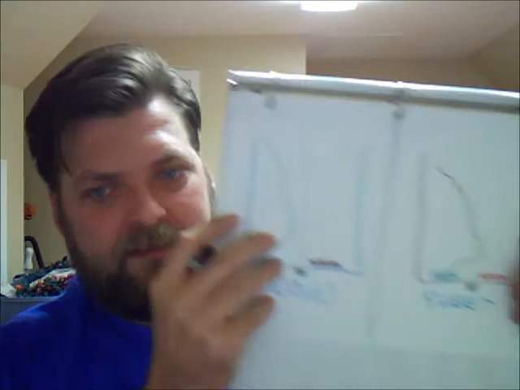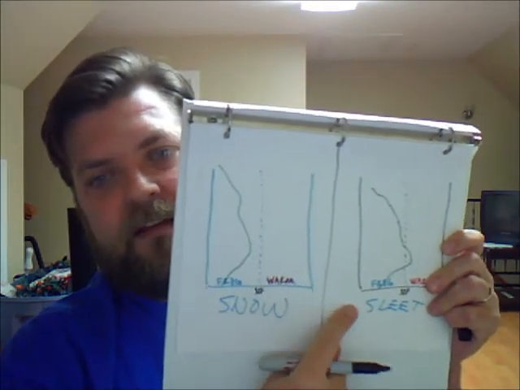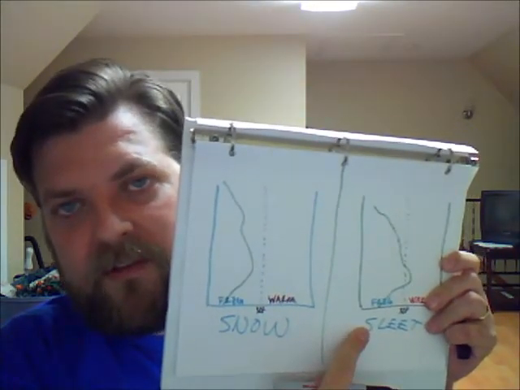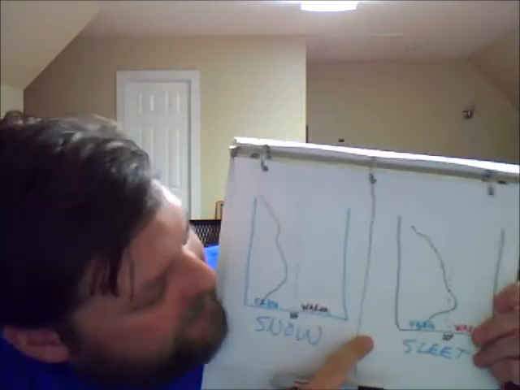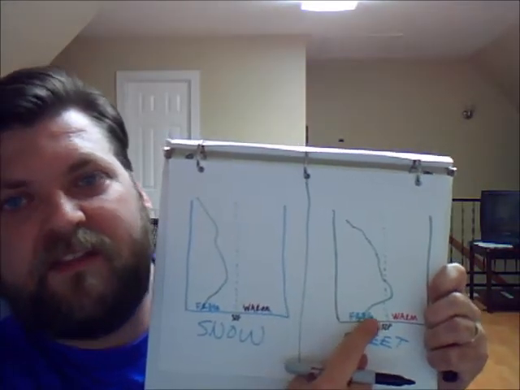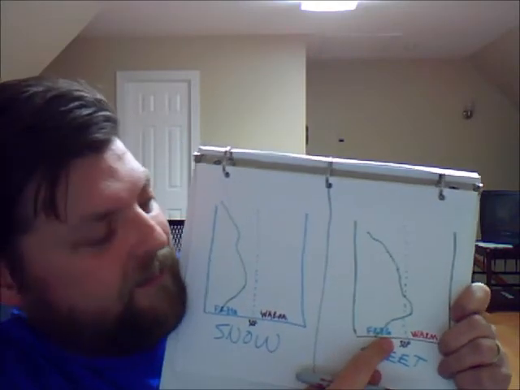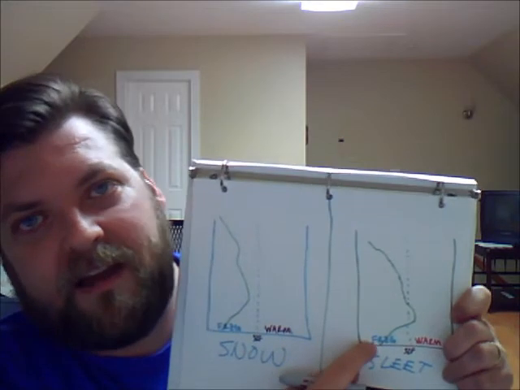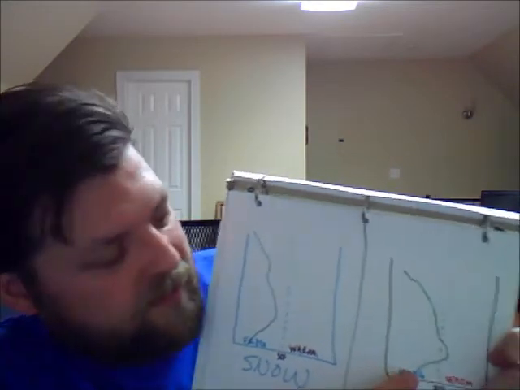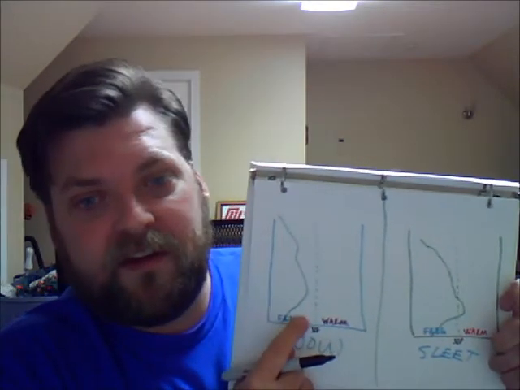The next scenario is sleet. It looks a lot like freezing rain when you look at the temperature profile, except that this refreezing layer is deeper and colder. And so the droplets that fall through here have the time and the temperature to refreeze before they hit the ground. And then the coldest scenario is snow.